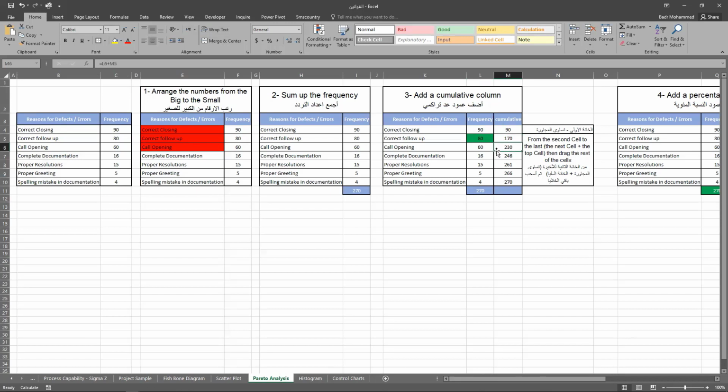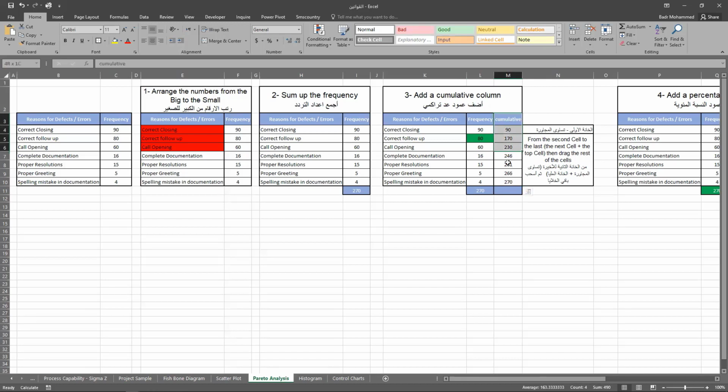This cell equals 60 plus 170. This cell equals 16 plus 230. This one equals 15 plus 246. This one equals 5 plus 261. This one equals 4 plus 266. So this is how we are calculating the cumulative number.